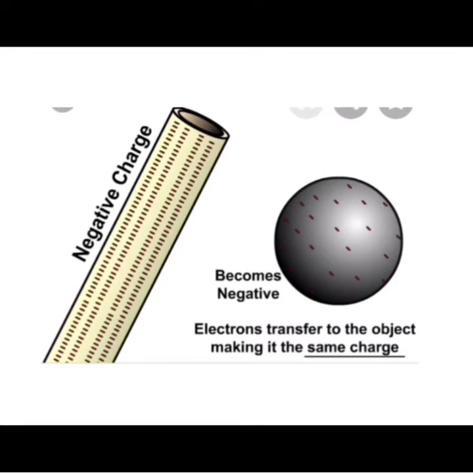When an object with a particular charge, suppose a negative charge, is made to touch another object, electrons are transferred to that object, making it the same charge.